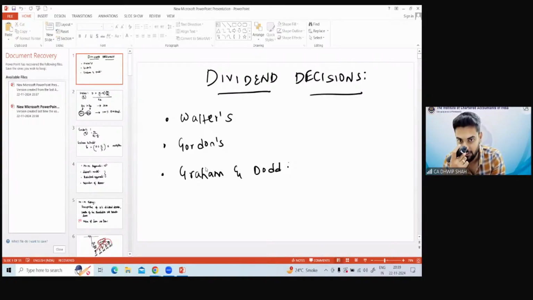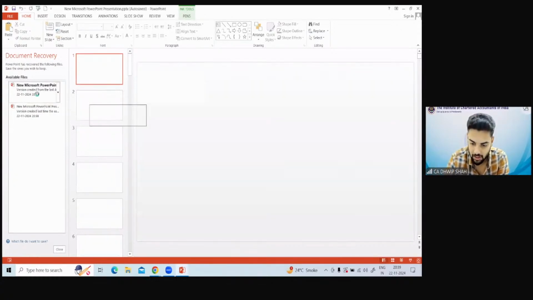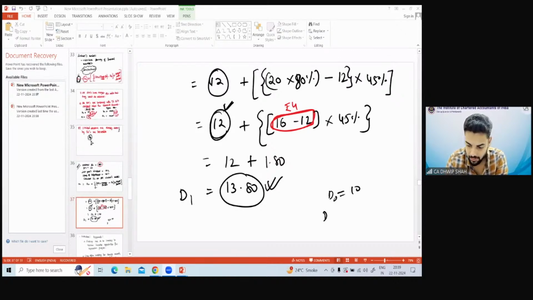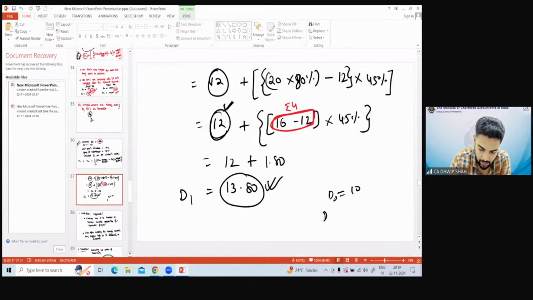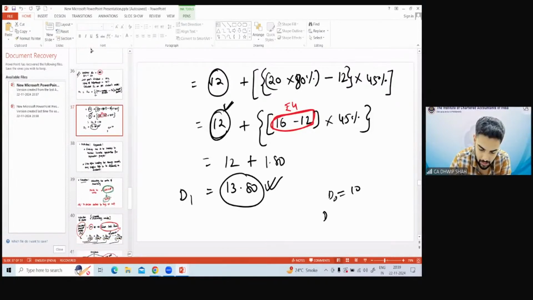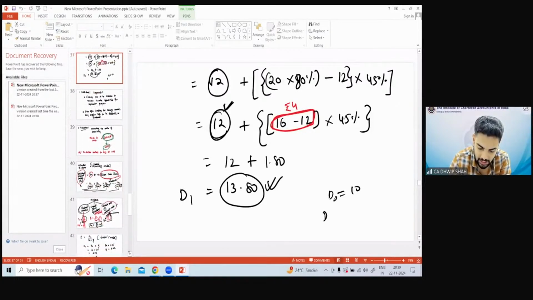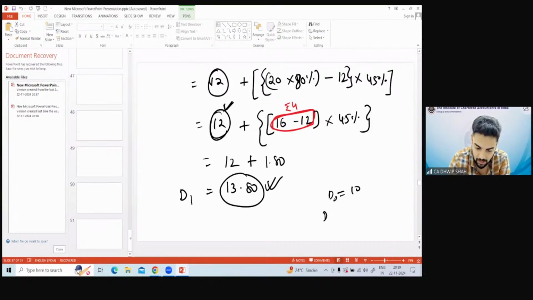Practical question 5, last calculation. Which last calculation? The last calculation was just discounting of all the cash flows.